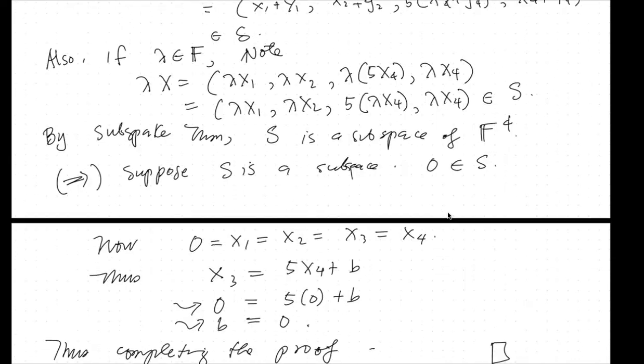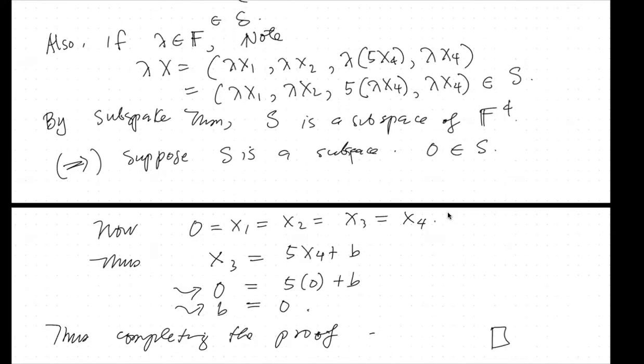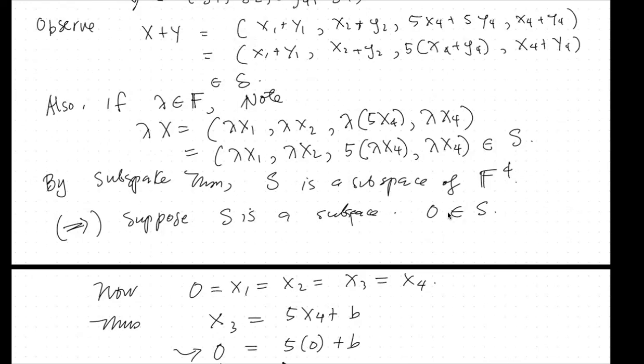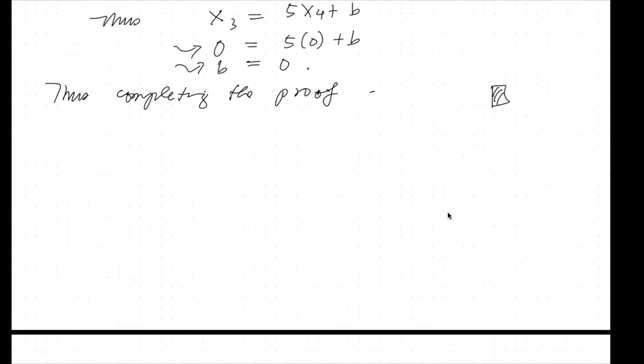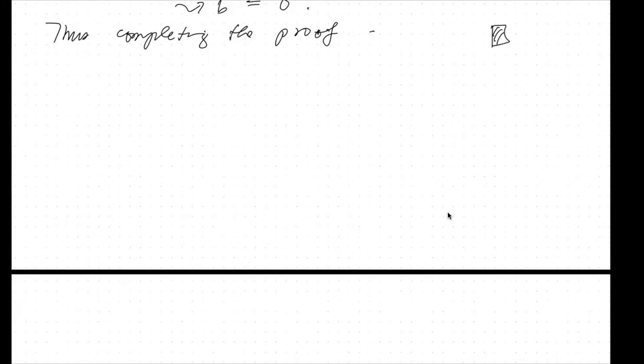It depends on you how you will proceed with this proof. The second part of the proof is easy. The first part is just routine checking. Now, there are other examples that I will just state.